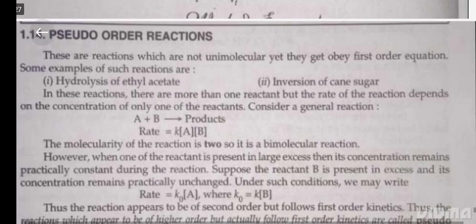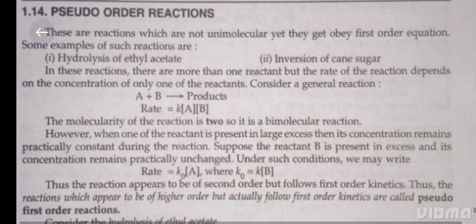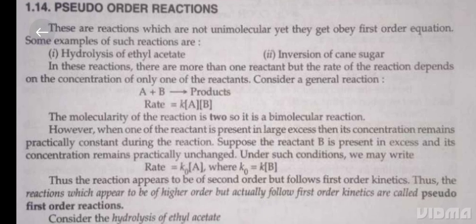Pseudo first order reactions. These are reactions which are not unimolecular, yet they obey the first order equation. Some examples of such reactions are hydrolysis of ethyl acetate and inversion of cane sugar. In these reactions, there are more than one reactant, but the rate of reaction depends on the concentration of only one of the reactants.